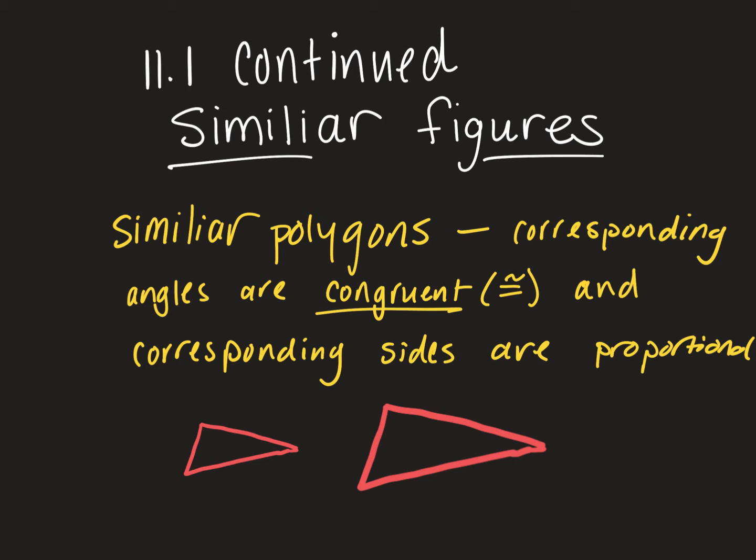So we know that, let's say this is A, B, C, D, E, F. So we know that A and D would be congruent, B and E would be congruent, and C and F would be congruent. So since those angles are congruent, the corresponding sides, so like the side between the green and yellow angles and the side between these green and yellow angles, will be proportional to one another. So again, these entire triangles will be proportional.